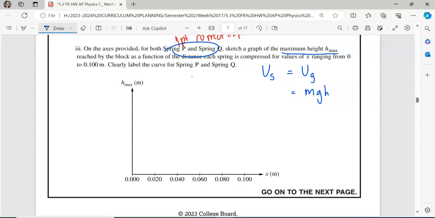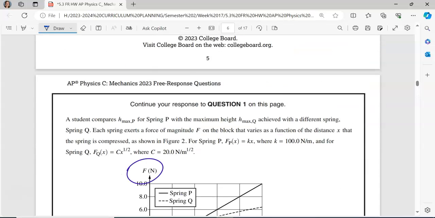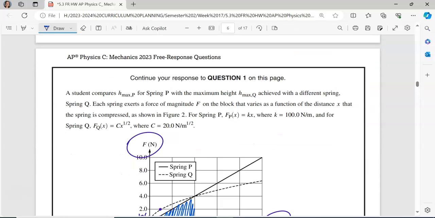Spring potential energy is just going to be due to how much work each spring puts in, so the integral of F dx. So let's compare the works done by each spring. Work for P, and going back, this is a direct correspondence between this and this right here. So work from spring P is just going to be 1/2 kx squared. Let's just double check that. Yep, because this is a linear spring and k is 100.